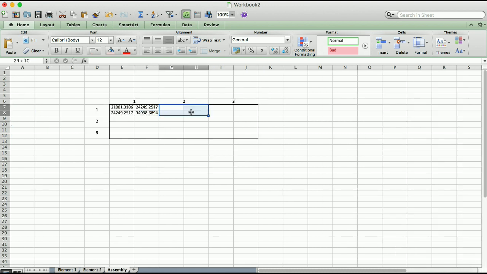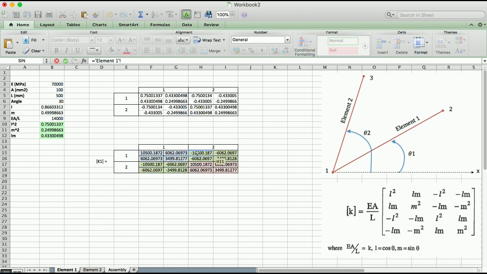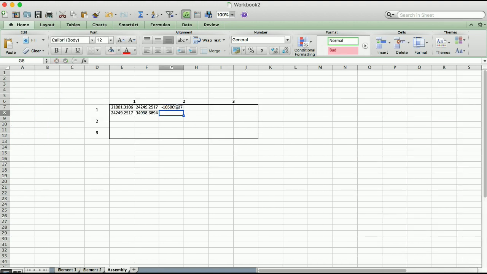Next one is 2, 1, which is going to be the same here. So for 2, 1, we say it is the same number from element 1. There is no 2, 1 in element 2, so again we extend the formula.